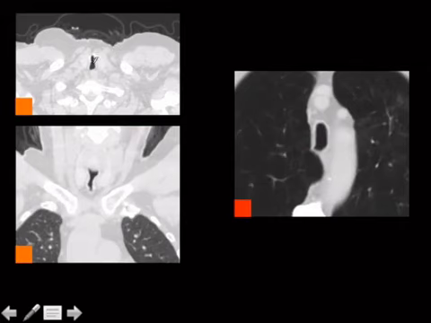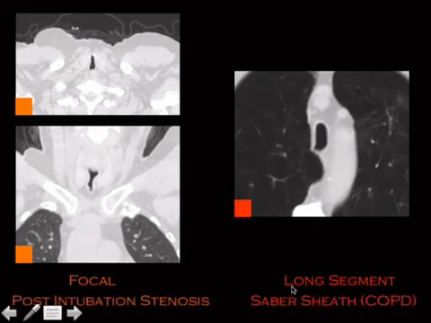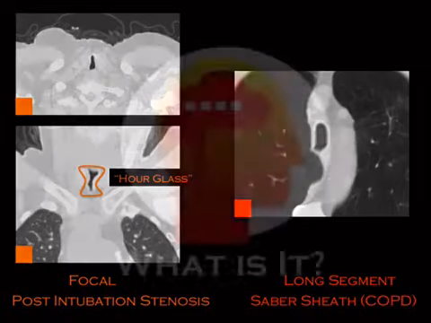That sort of looks saber sheath there, but then we see that it's a more focused look. And this is a classic appearance for post-intubation stenosis, which is supposed to look like an hourglass. And you imagine that sort of looks like an hourglass there. Post-intubation stenosis tends to be focal. Saber sheath is a long segment, and this is something that occurs in COPDers.